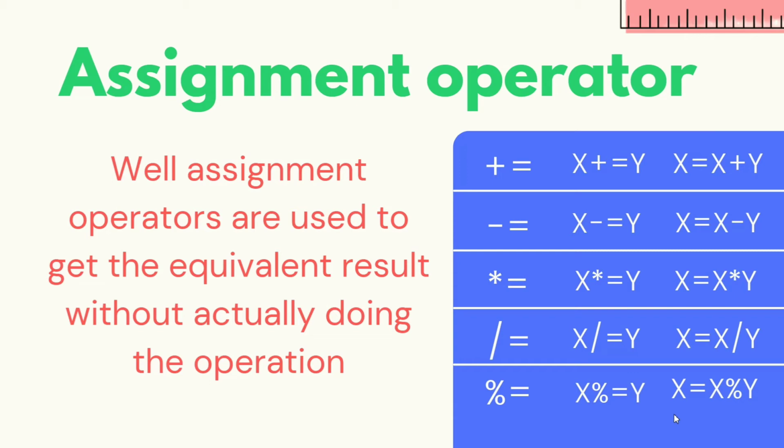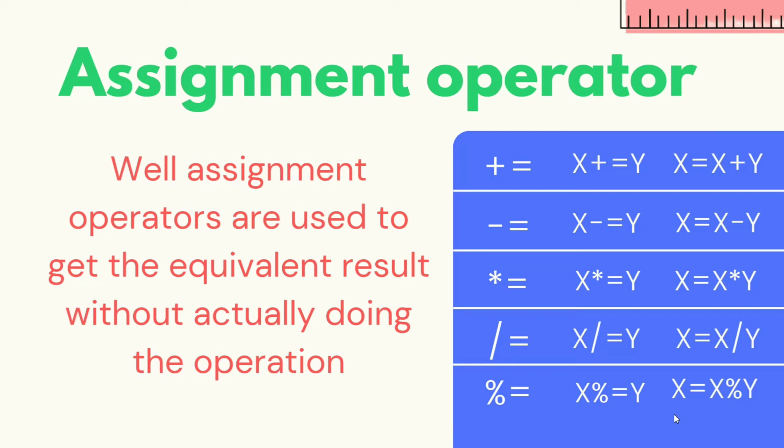How? Here on your presentation, first we have plus equal to. When I use this plus equal to assignment operator in actual arithmetic operations like x plus equal to y, it means x equals x plus y.